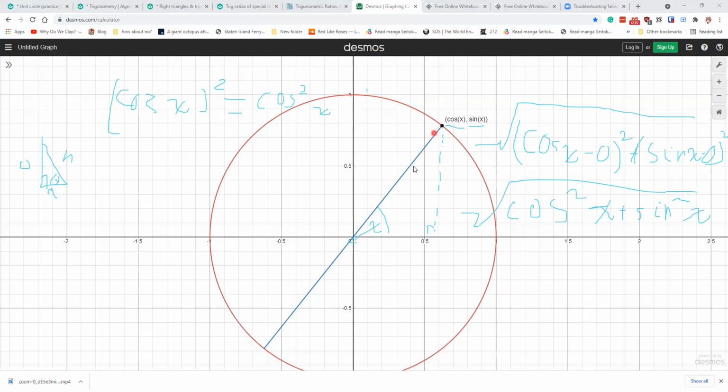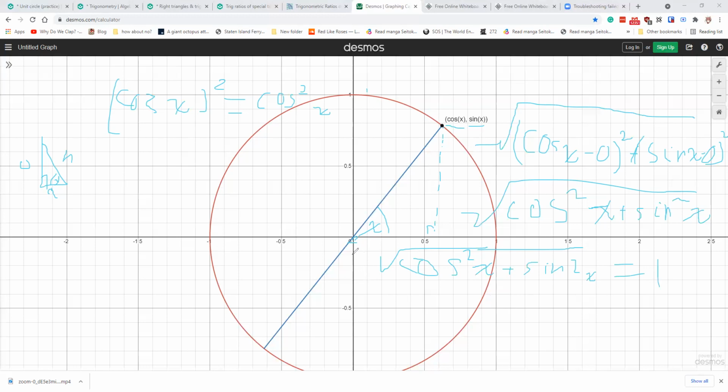But what is that actual distance? Well, because it's a unit circle, and this is the radius, it's going to be 1. That means that the square root of cosine squared x plus sine squared x, the distance between those points, has to be equal to 1.